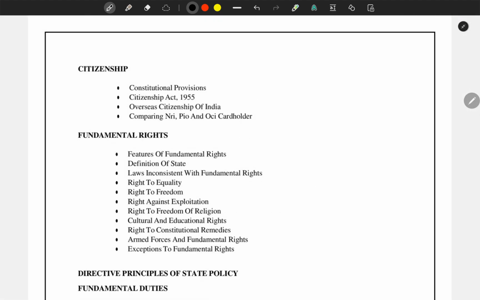Then we will talk about citizenship. Under citizenship we will be dealing with constitutional provisions, Citizenship Act of 1955, what were the changes, overseas citizenship of India, comparing NRI, PIO, OCI cardholder, and these kinds of bifurcation will also be dealt with.